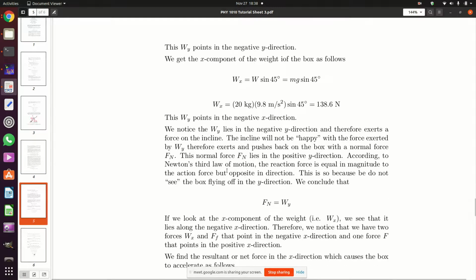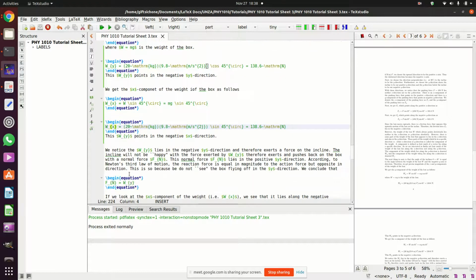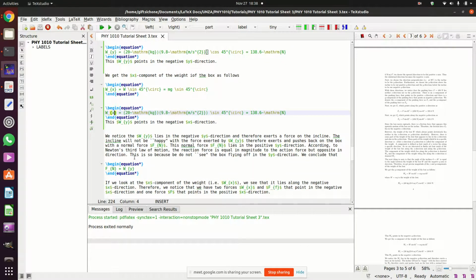So when we reach here, we have the following forces and their directions.